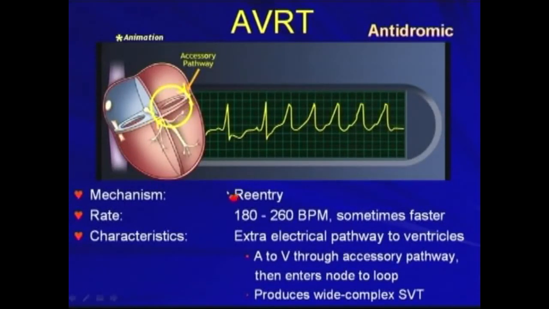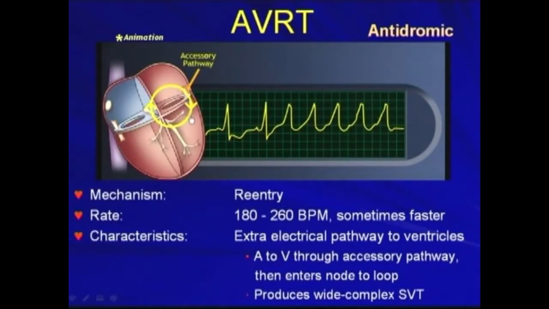You can see here, this is also due to reentry, and the rate is similar to the orthodromic. But the mechanism is a bit different, because for the extra electrical pathway to the ventricle, the A to V is through the accessory pathway.